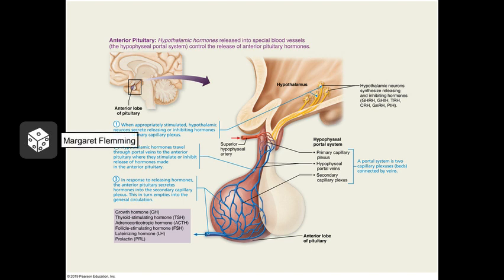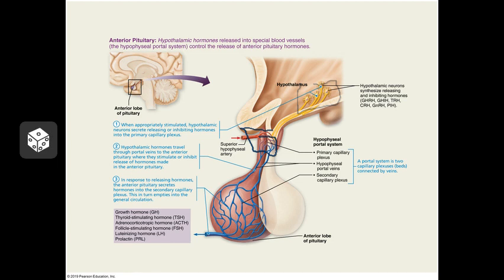The anterior pituitary behaves differently. The anterior pituitary also has a mechanism that starts with nuclei in the hypothalamus. But the difference is that the secretions of these nuclei go into a capillary bed, a first capillary bed.